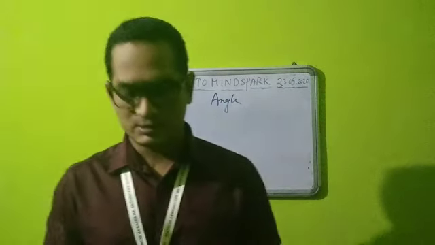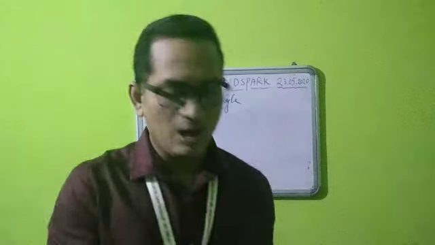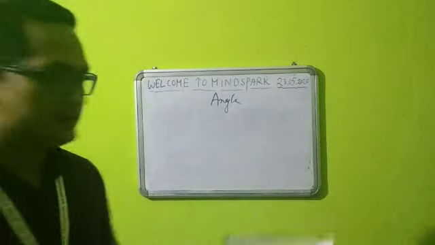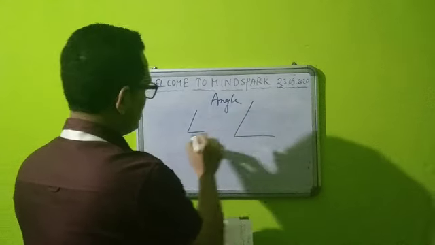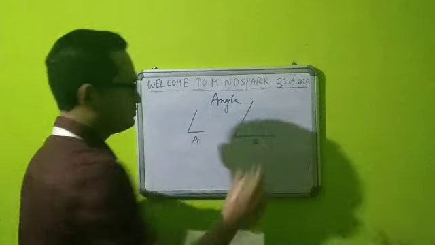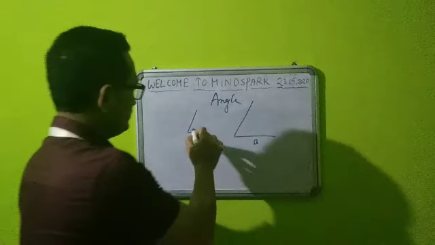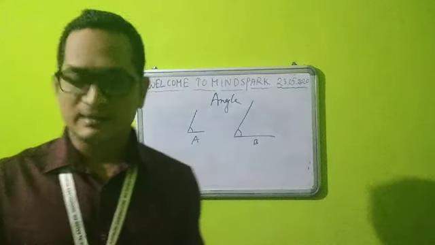Now in the angle topic, students, there is one question that I have seen as a common mistake, and I will tell you the exact data, that is, how many mistakes you have made. There was a question in which two angles are given, say angle A and this is angle B. It was asked which angle is greater and which angle is smaller.